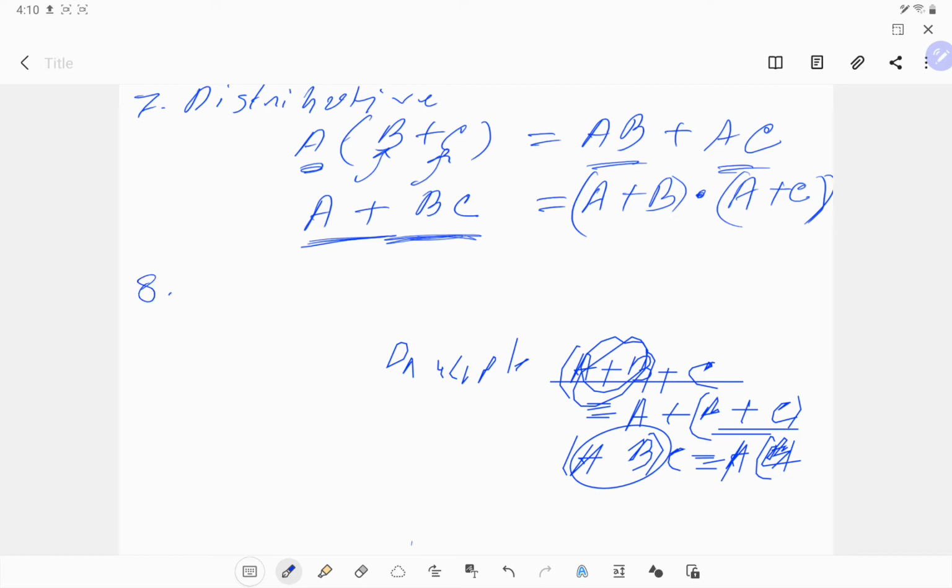And the very last one is the De Morgan theorem.